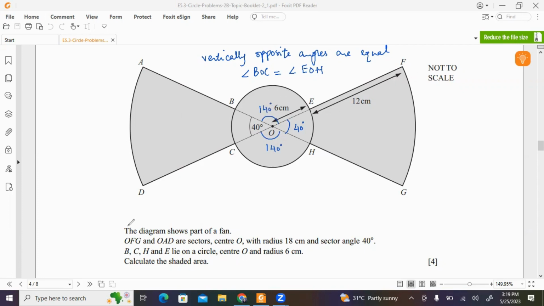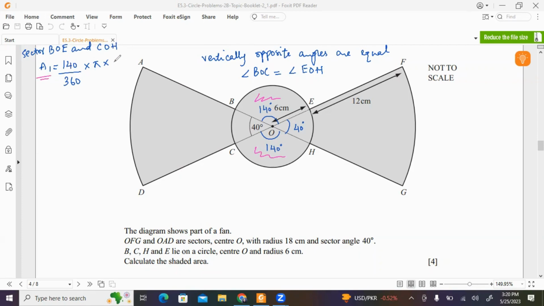Now that we figured out the angles, I'm going to call area 1. Area 1 is going to be 140 over 360 times pi times r squared. Area 1 is basically sectors BOE and COH, represented by A1.